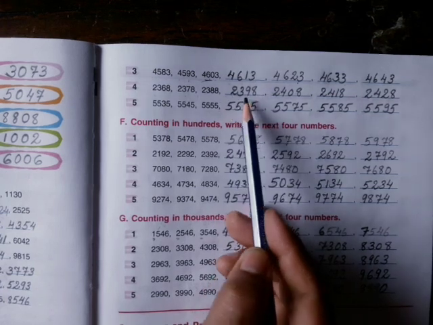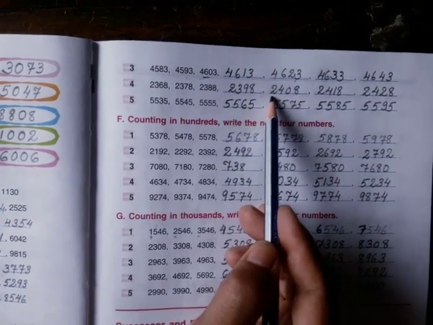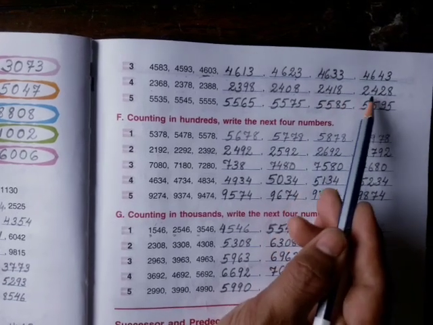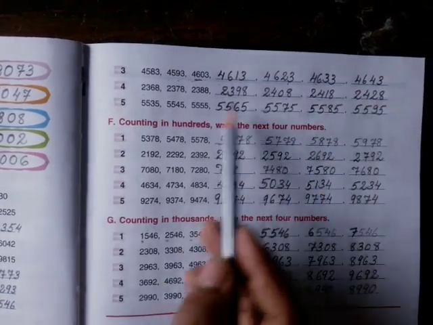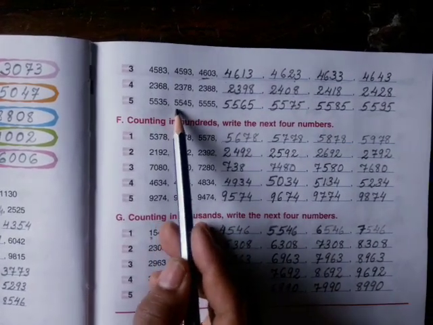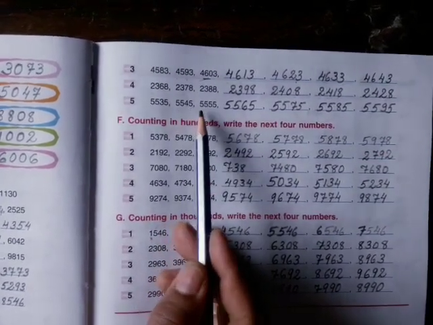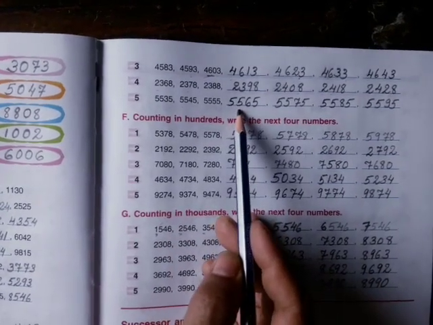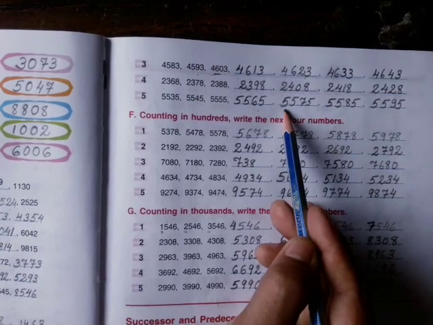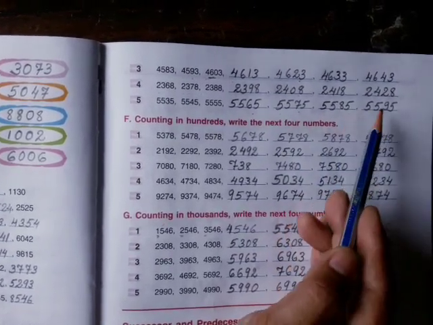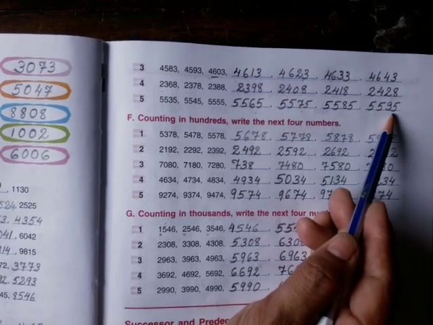Then 2398, 2408, 2418, 2428. Now 5535, 5545, 5555. Then 5565, 5575, 5585, 5595.